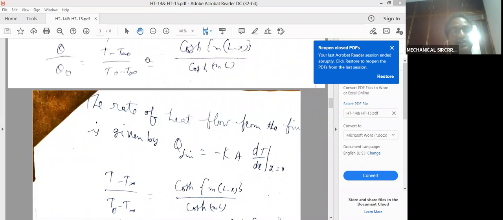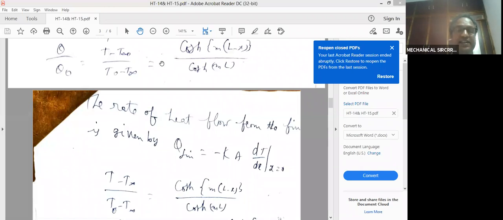And the second boundary condition for an insulated fin, at x is equal to L, what will be there? At the end of the tip, the fin is insulated. The meaning is there is no heat transfer.